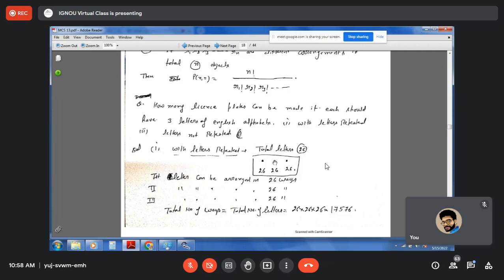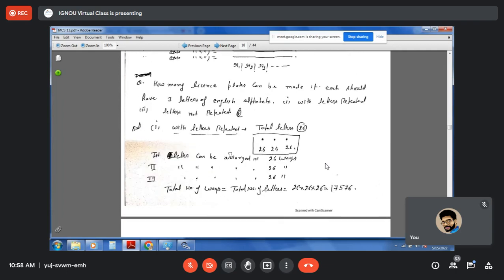Similarly, when we are going to write the second letter of the license plate, how many options are there? Again 26. Why? The letter which is written here may also be written here because repetition is allowed. Similarly, for the third member, how many options are there? 26. Why? Repetition is allowed.